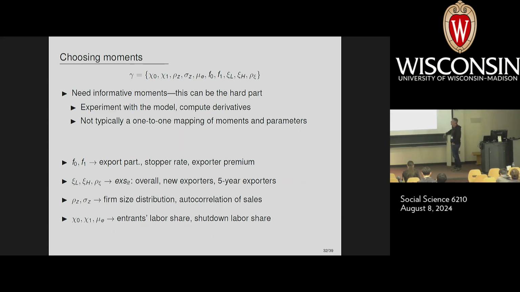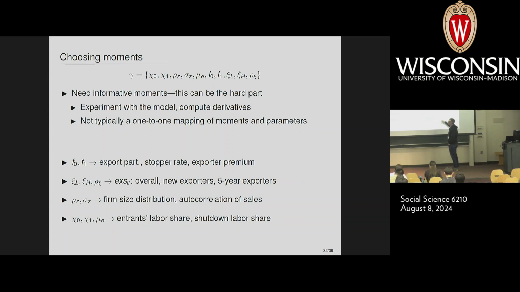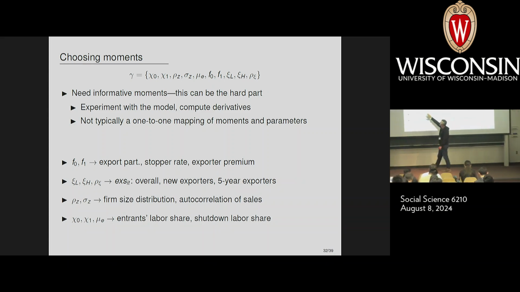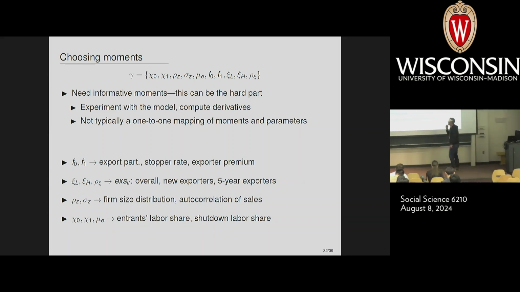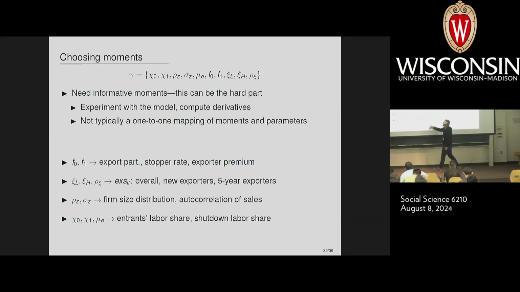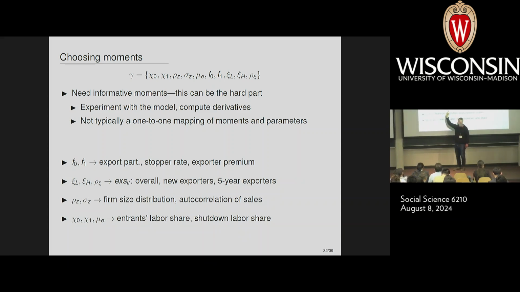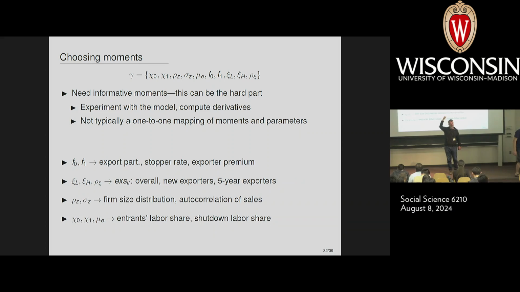After studying these kinds of models for a long time now, these are the types of moments that are helpful, right? Think about those fixed costs, the cost of entering an export market and staying in an export market. Those things determine stuff like how many firms export. If I set F0 super high, no firm exports at all. If I set F0 to 0, every firm exports.